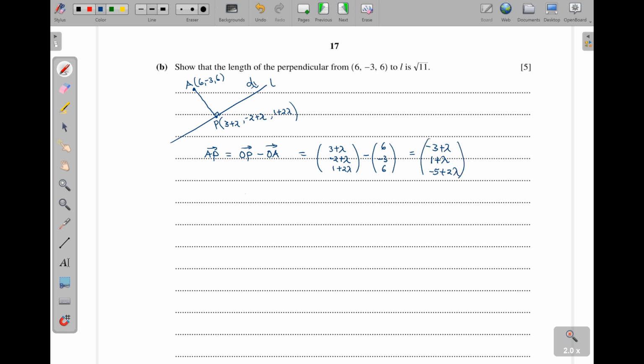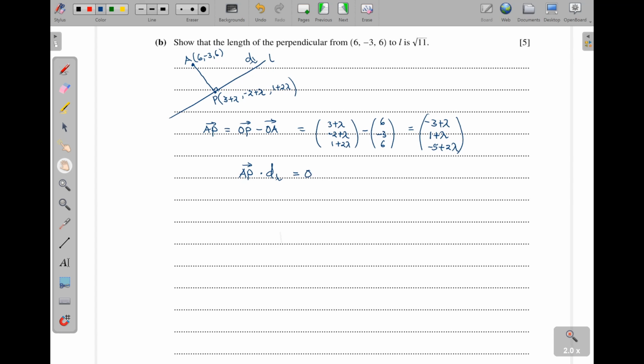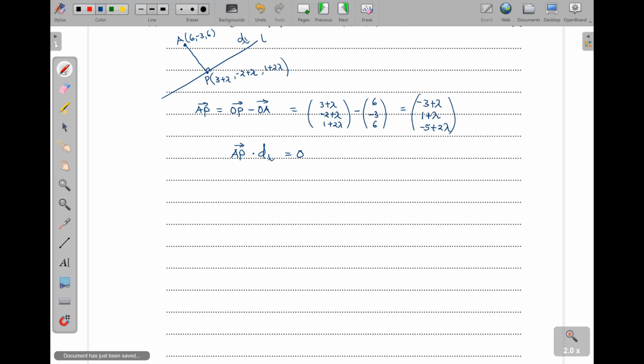Now, let's dot the two. AP dotted with the directional vector of L should give us 0 because they are perpendicular vectors. So this is (-3 + lambda, 1 + lambda, -5 + 2 lambda). The directional vector of L is (1, 1, 2).